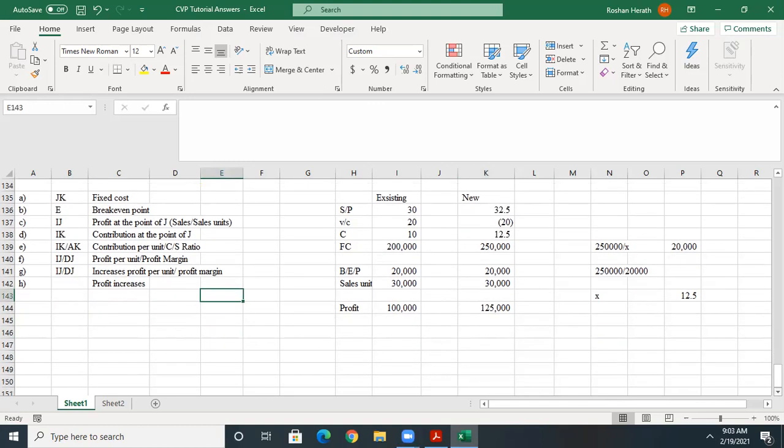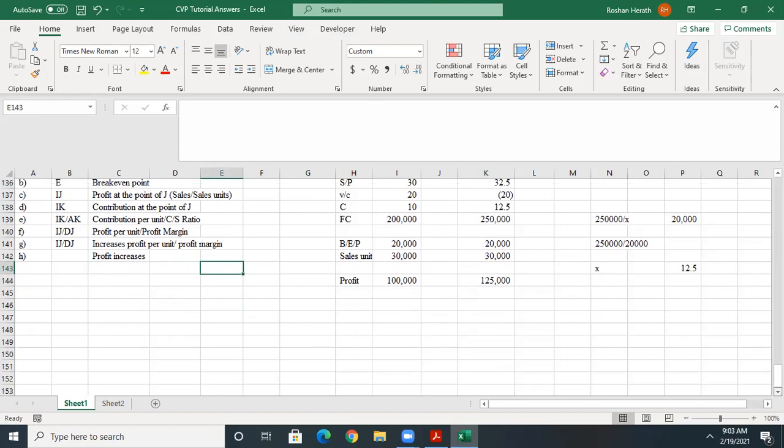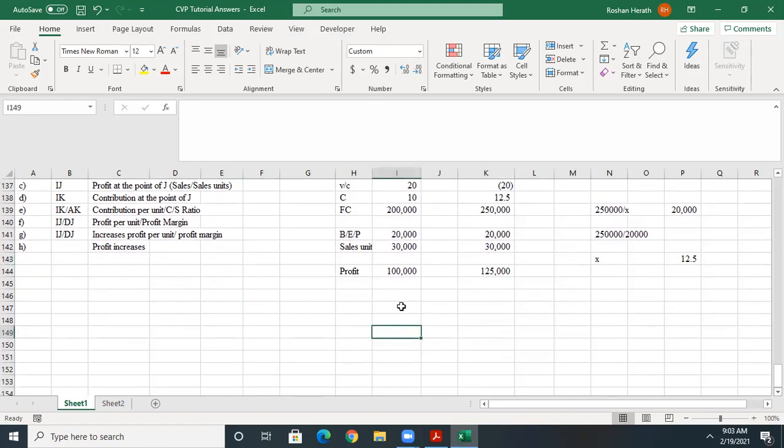Right? So if you are just to draw a graph, you can take the sales unit, right? You can take the sales unit, and here they have taken the profit.